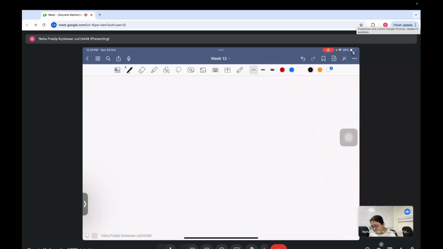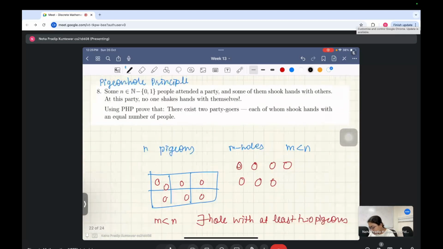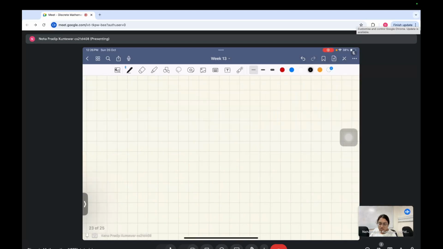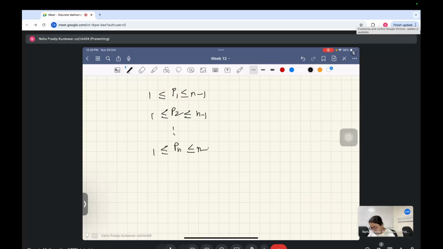Now if we consider the other case, when there does not exist such a person who did not shake hands with anybody else, then for everybody the number of handshakes is at least 1. So P1 is between 1 and n minus 1, P2 is between 1 and n minus 1, and so on up to Pn is between 1 and n minus 1.